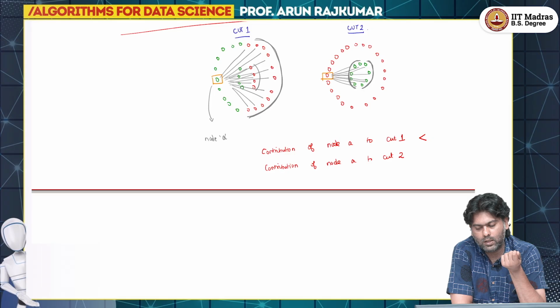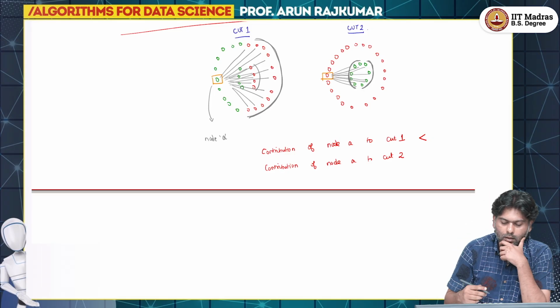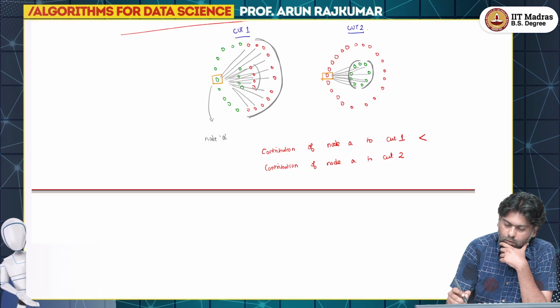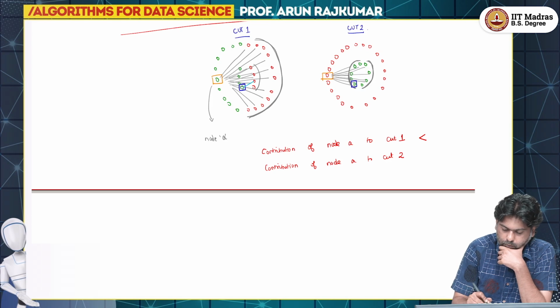Now, what can you say about a point in the inner circle? Let's say I take this point as my point of reference. What does this point contribute in terms of its contribution to cut 1? I'll use a different color. It's going to be the sum of this plus these, everybody outside.